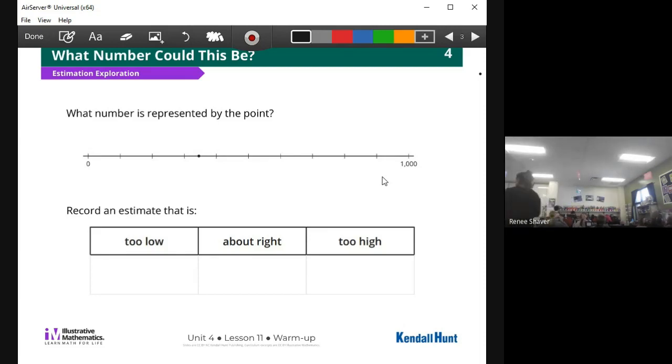I'm going to point out it starts at 0 and it goes to 1,000. You're going to come up with an estimate: one that is too low, one that's about right, and one that is too high. Page 45. Where's your pencil, buddy?